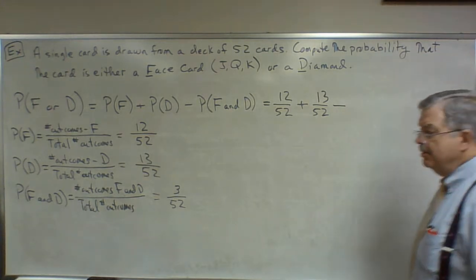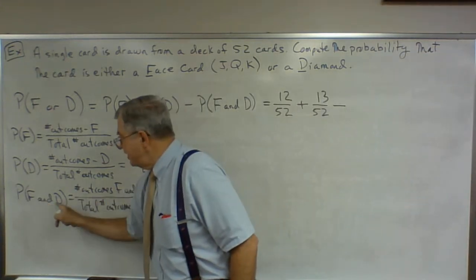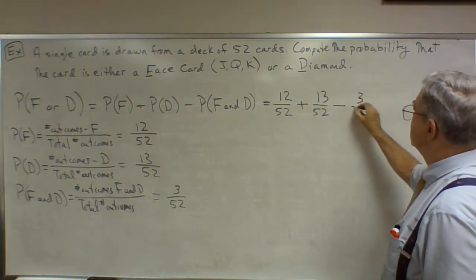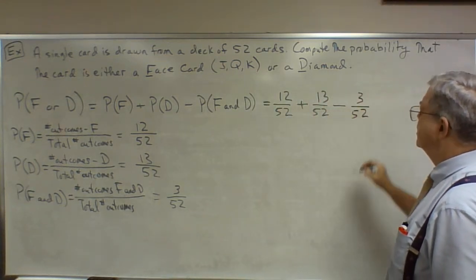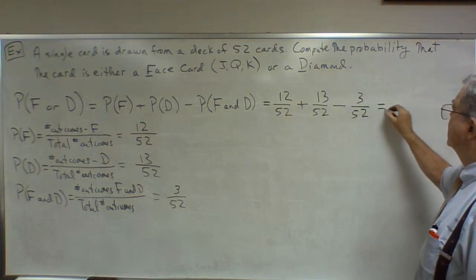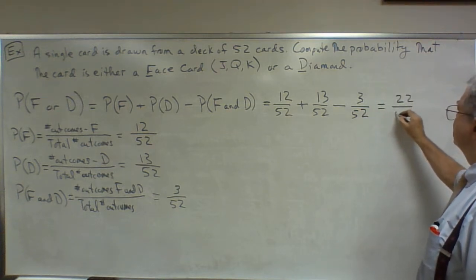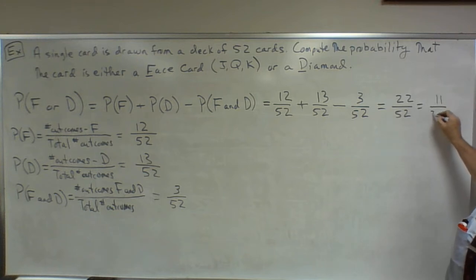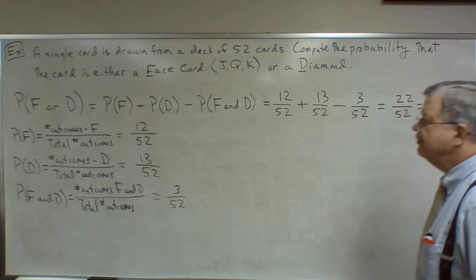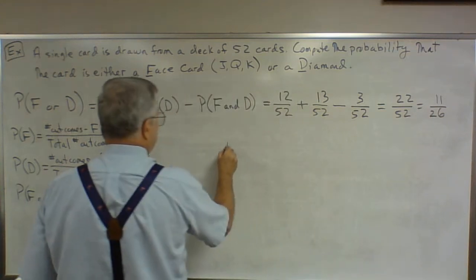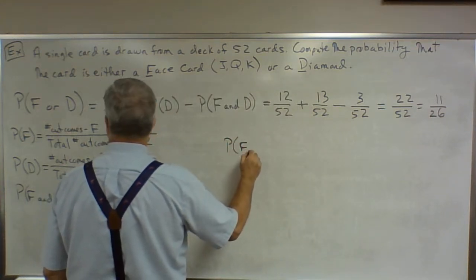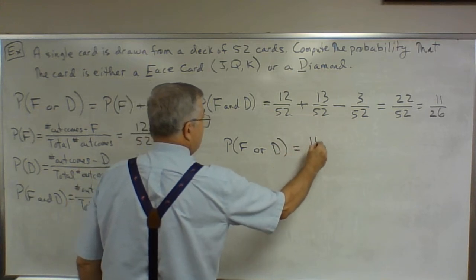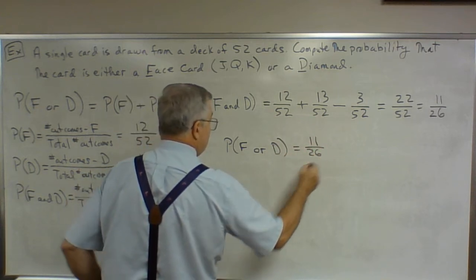Minus the probability of a face card and a diamond, 3 over 52. 22 over 52, or 11 over 26. Probability of a face card or a diamond, 11 over 26.